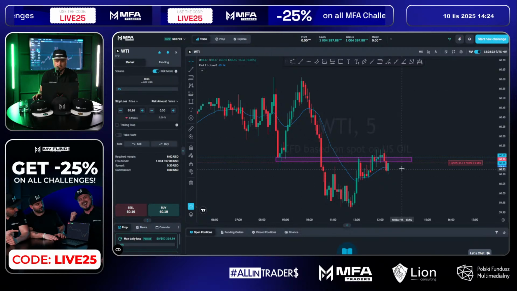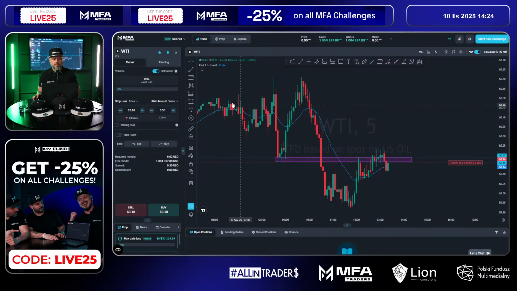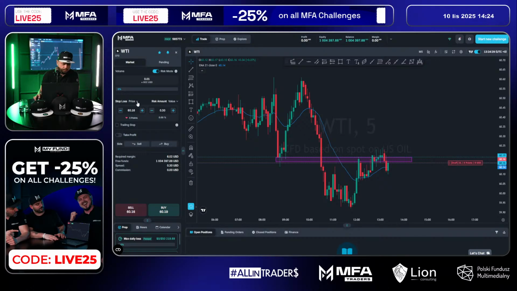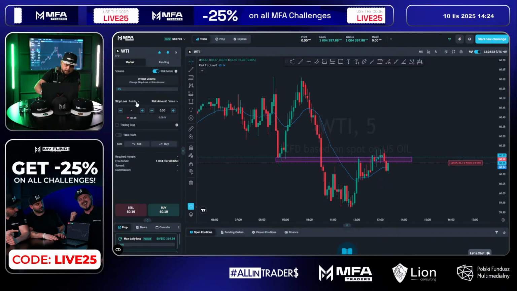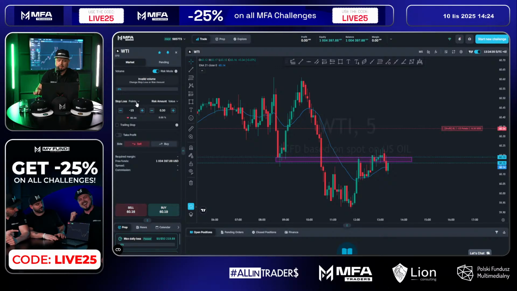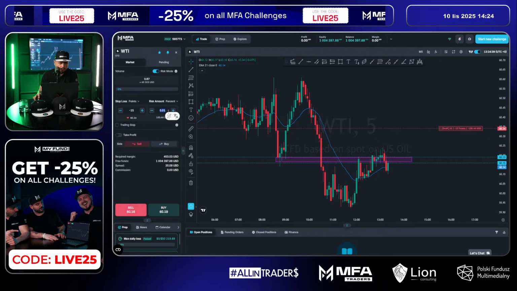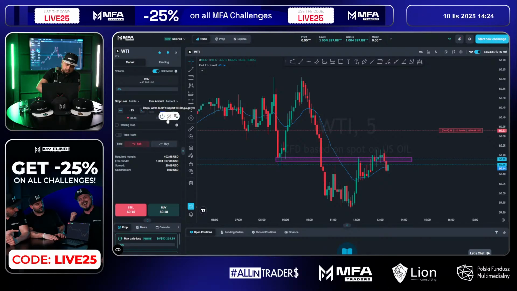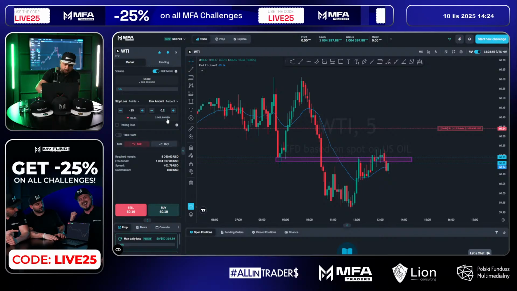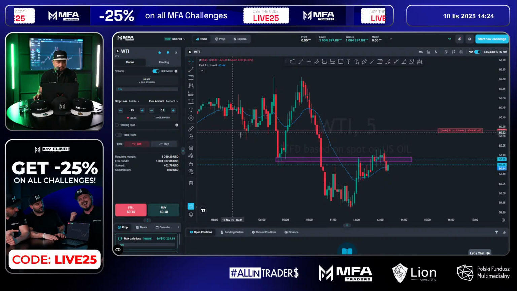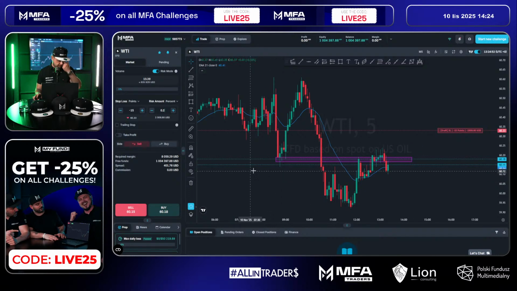Advanced option, risk mode. Let's say around 15 pips, something like that. So points minus 15. 0.2, $2,000 of risk. 15 points.